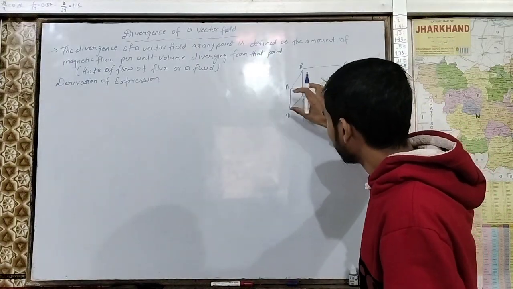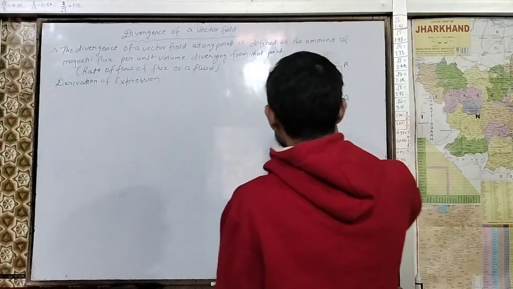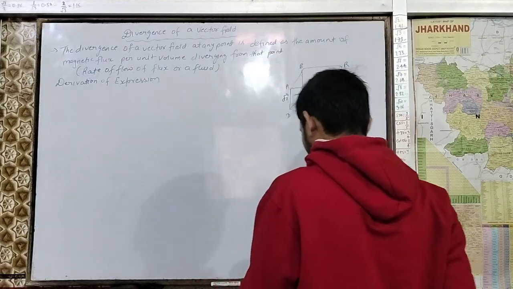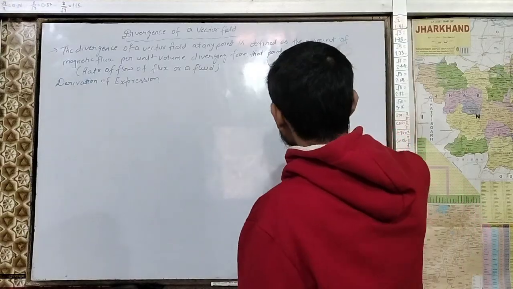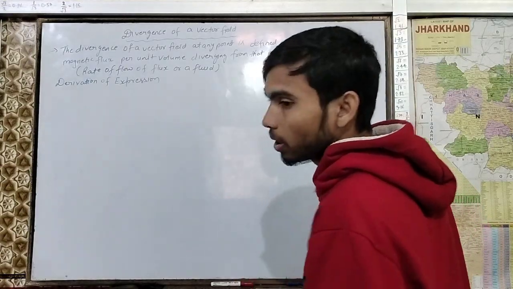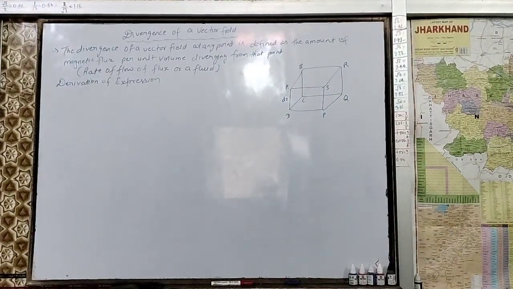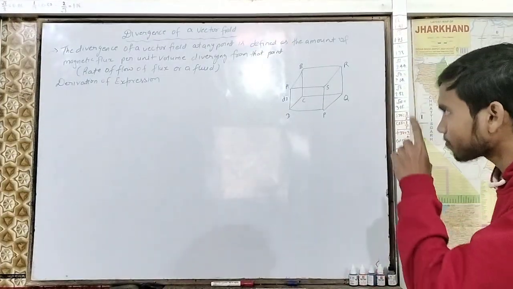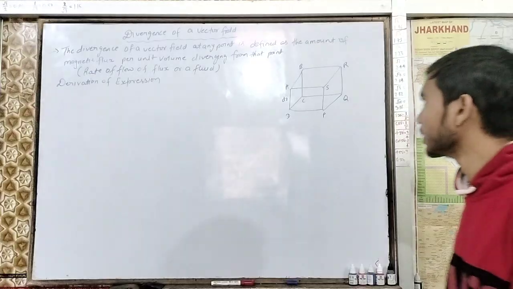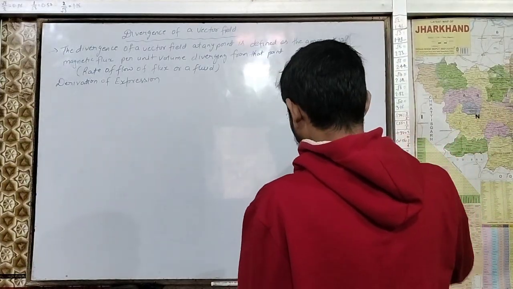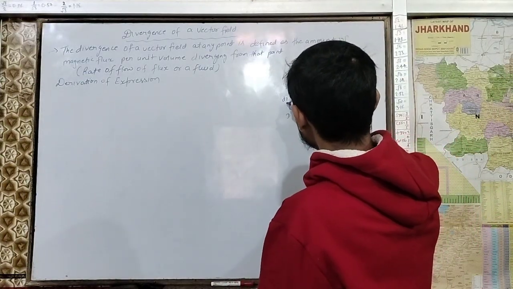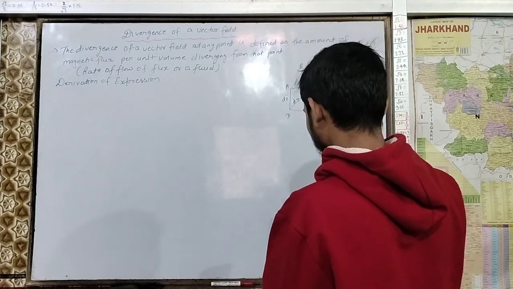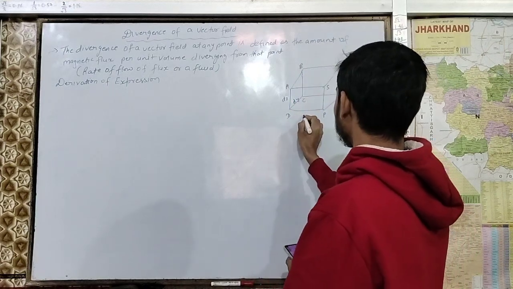So this will be how much? This will be del z, or you can say a small height. Since it is a small volume, for a small height, dz is used, and this will be our dy, and this length will be dx.